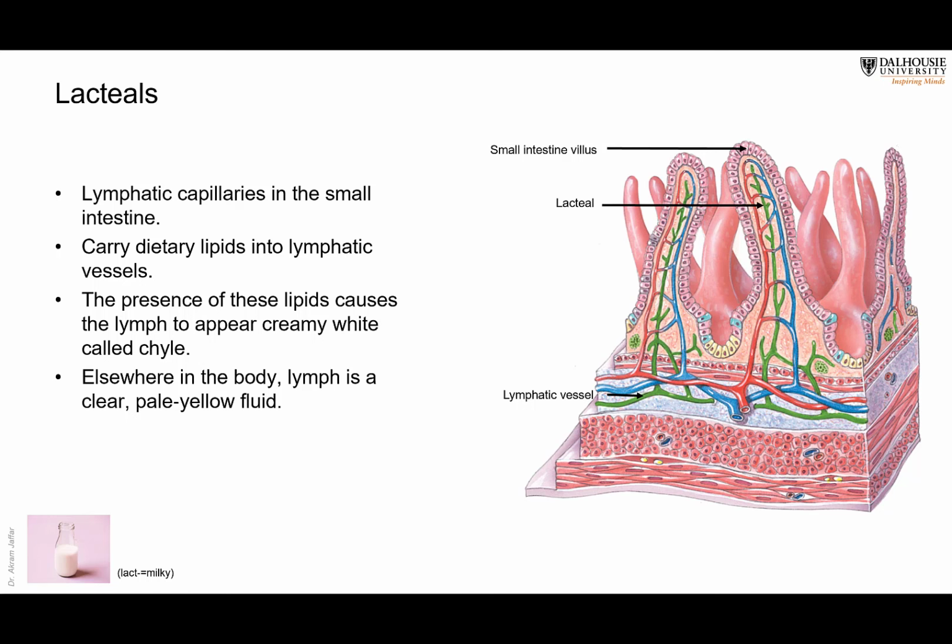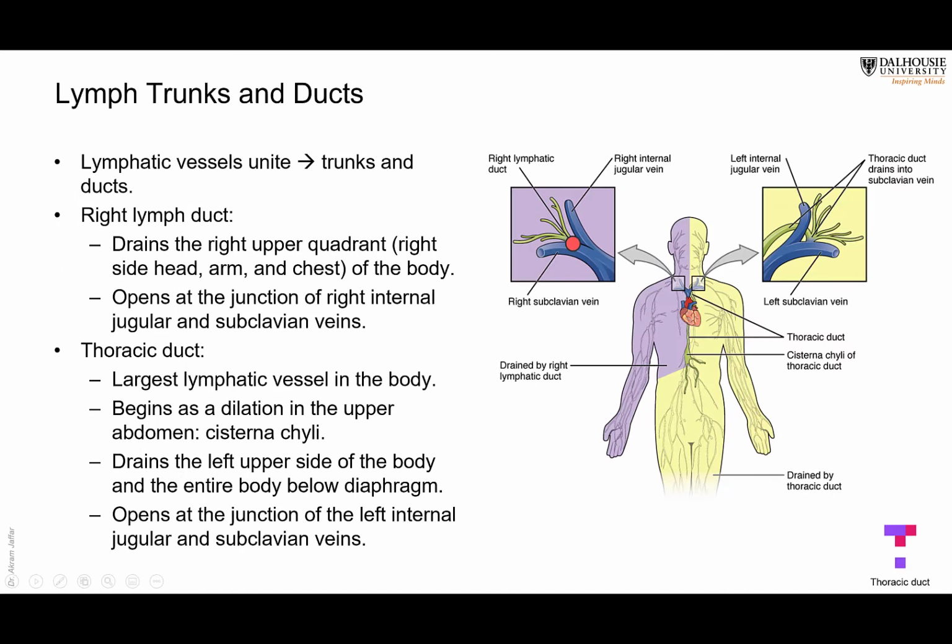It's not yellow, it's not transparent like the rest of the lymph. It is chyle, and they are called the lacteals because they contain fluid that looks like milk. Lact means milk.